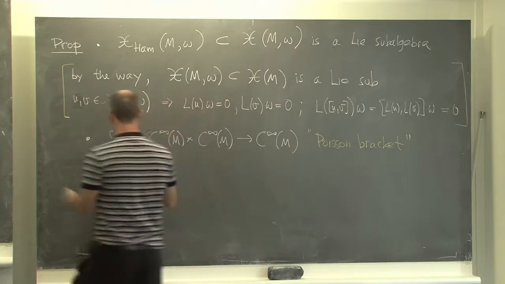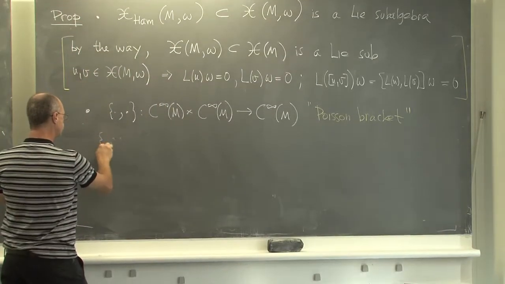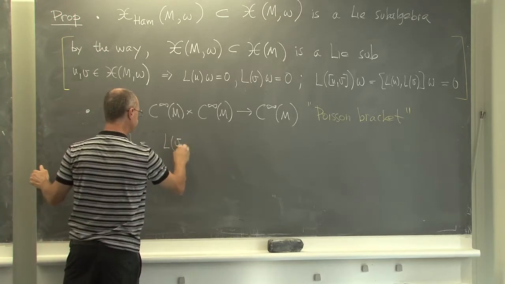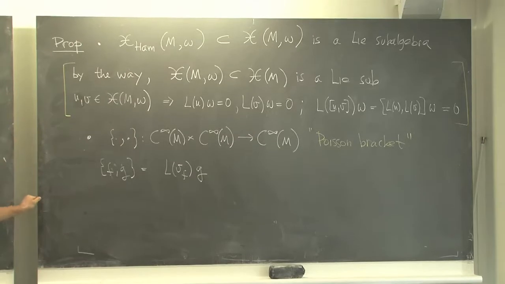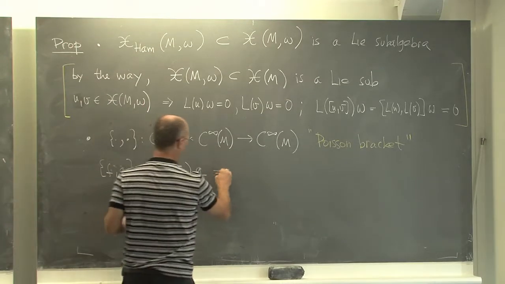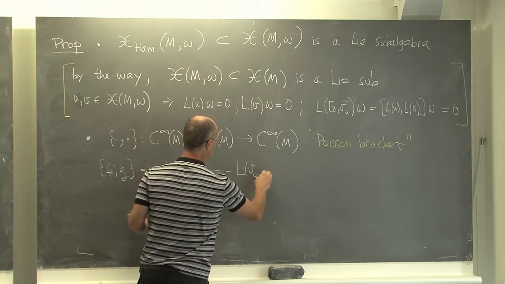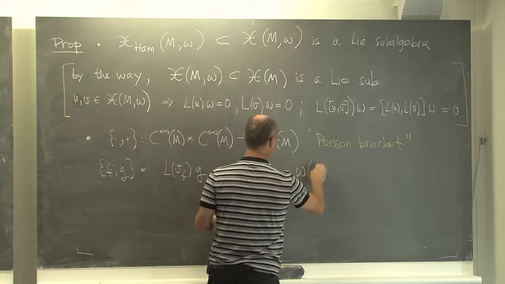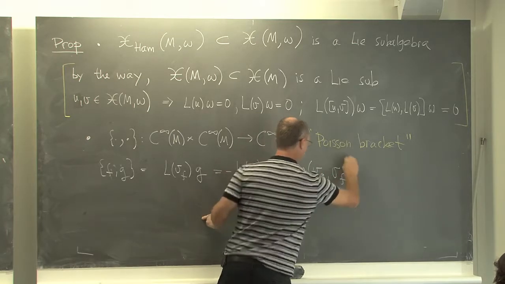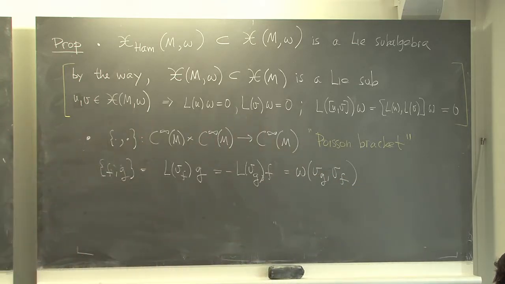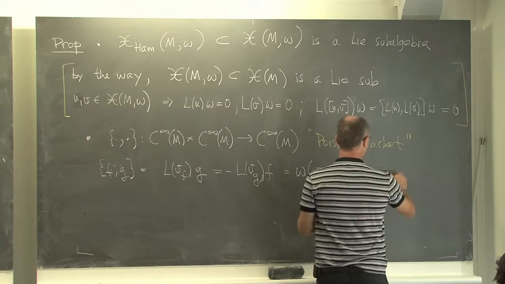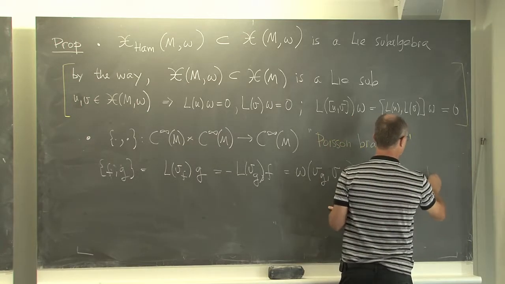It's defined by the following formula: L of Vf applied to g, or minus L of Vg applied to f, or omega of Vg, Vf. So in particular, of course, the statement is that all these expressions coincide. And the statement is that it's a Lie bracket.